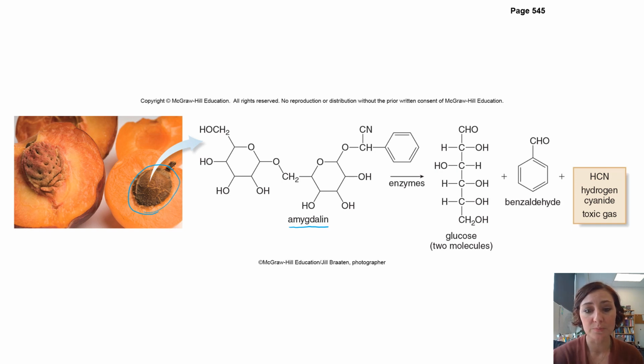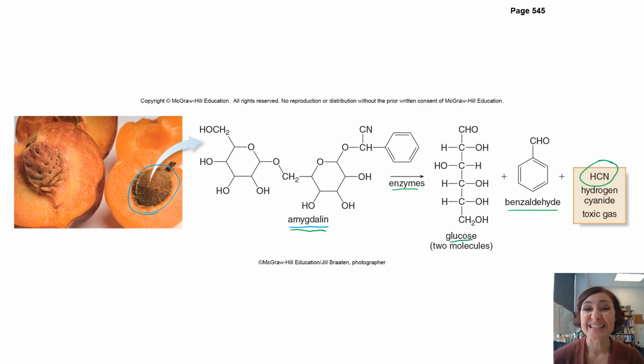So what happens when amygdalin enters your body is amygdalin is broken down by enzymes into 2 molecules of glucose. Yay, we like glucose, but it's also converted into benzaldehyde. That's not the concerning byproduct. What is concerning is you also get the formation of hydrogen cyanide, which is a toxic gas. This is not something that you want in your body.